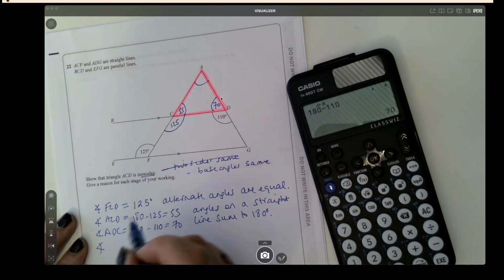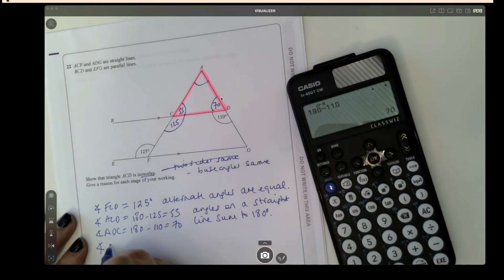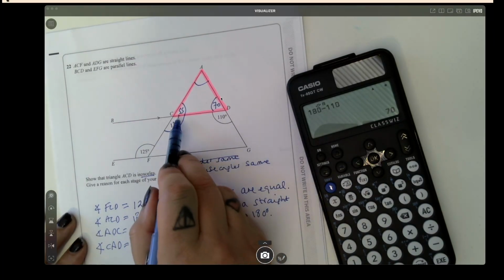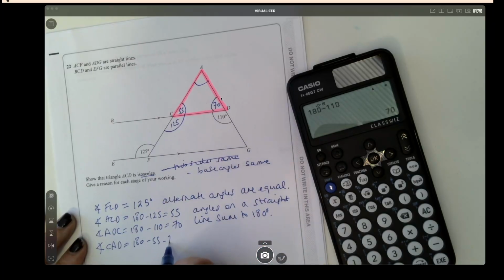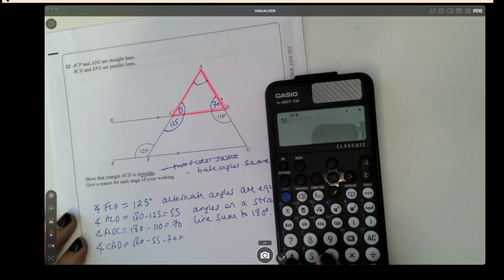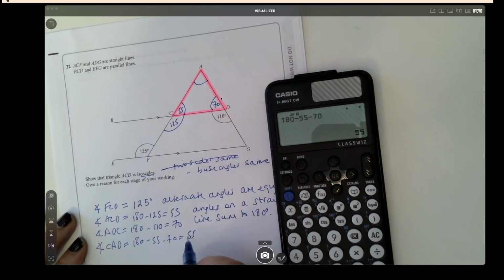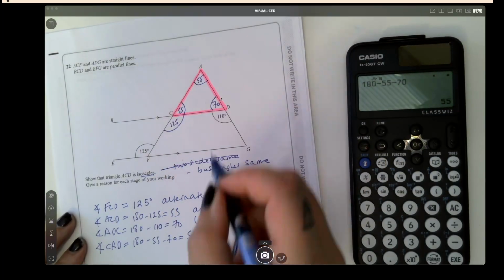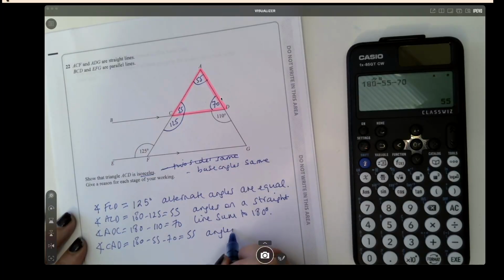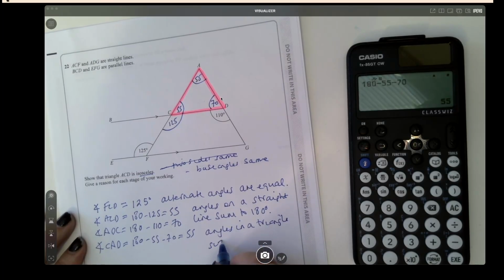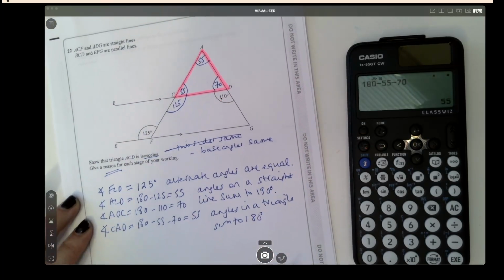So the angle here, CAD, is 180 subtract 55 and 70 because it's a triangle, which is 55. So it's 55 there. We have to say angles in a triangle sum to 180 degrees because we've got to give these reasons.